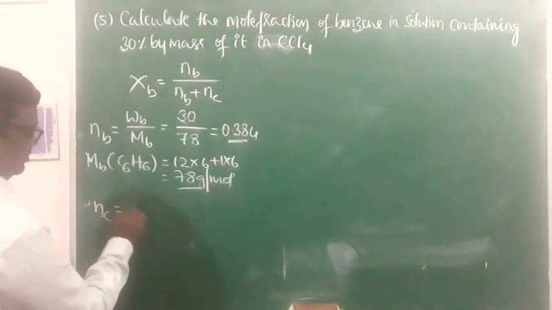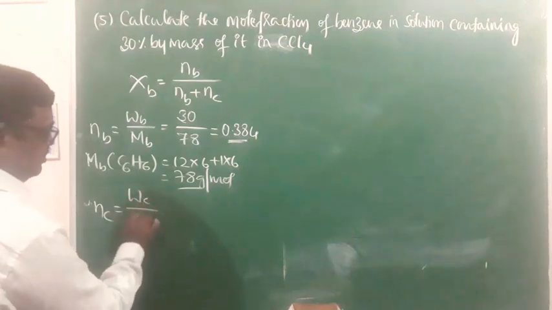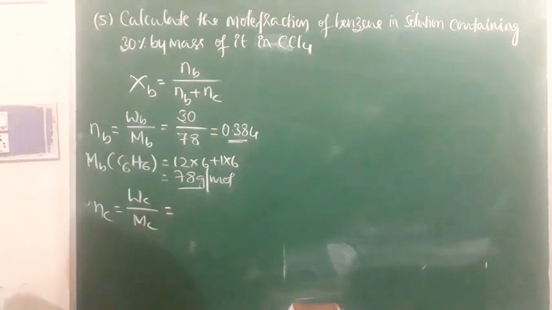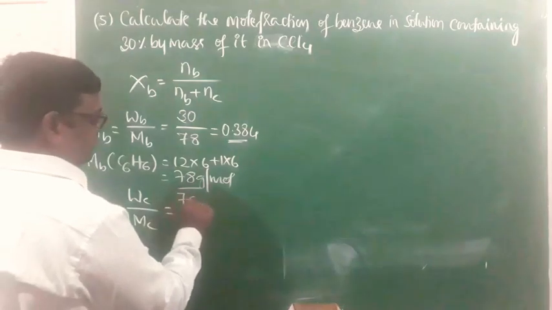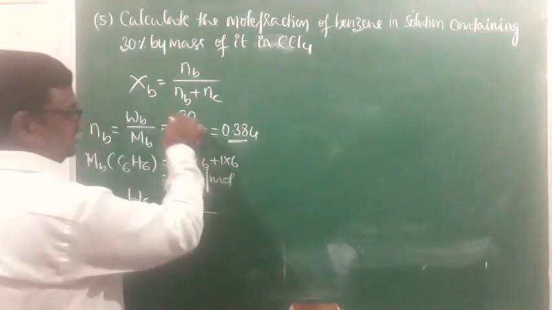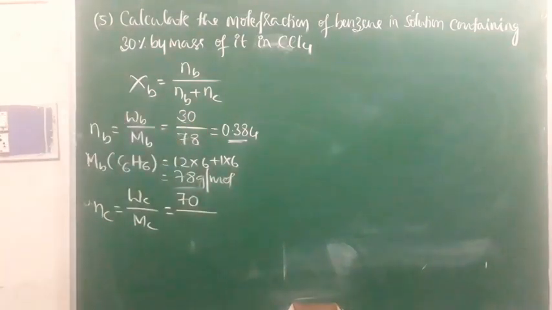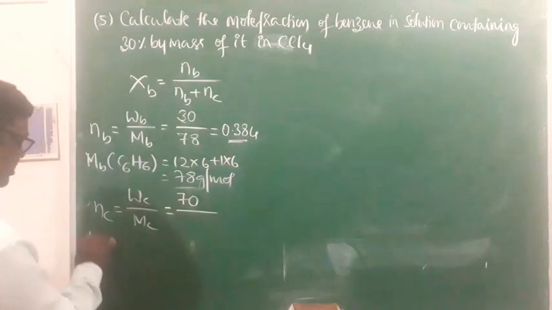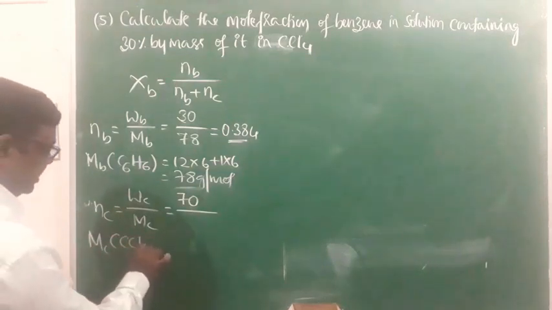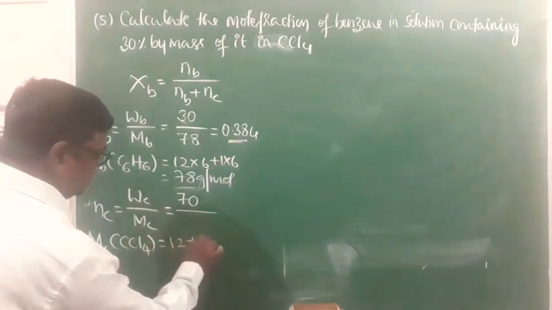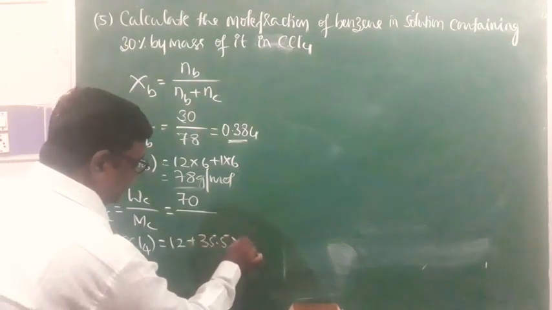What is the number of moles of CCl4? Mass of CCl4 divided by molecular mass of CCl4. Mass of CCl4 is 70, because benzene is given as 30%, so CCl4 must be 70 grams. And the molecular mass of CCl4 is 12 plus 35.5 into 4.